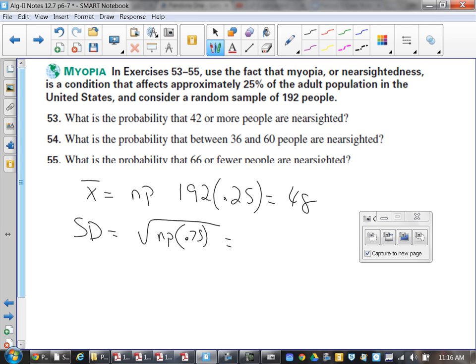Now they're taking the square root of that. So it'll be the square root of 36. So they're giving you an average of about 48 and a standard deviation of about 6.